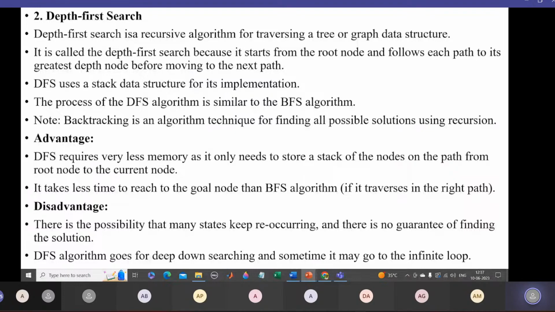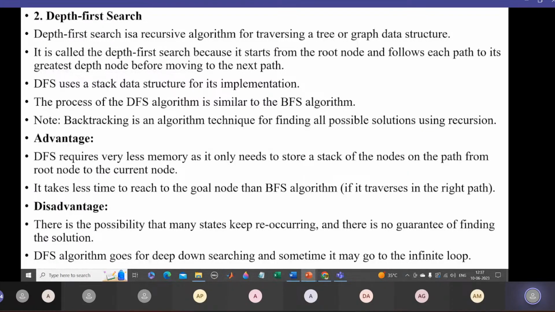It is called DFS because it starts from the root node and follows each path to its greatest depth before moving to the next path. It uses a stack data structure. This is similar to BFS, but there you move breadthwise, and here you move depthwise. The advantage is that less memory is used, and it takes less time to reach the goal node than BFS.